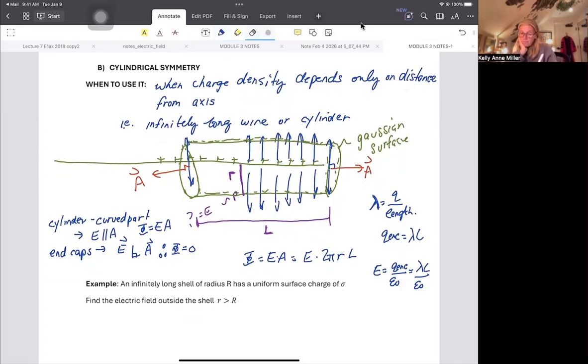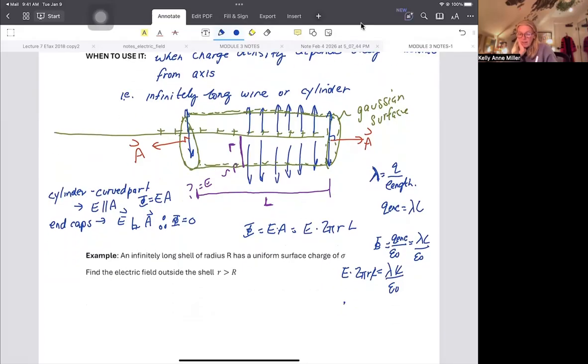I would set that equal to the other expression for flux, so E times 2 pi R L equals lambda L over epsilon naught. The L's cancel, and so I'd have E equals lambda divided by 2 pi R epsilon naught.